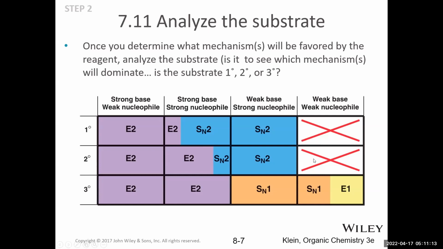Now in Klein, they give a nice big X over secondary substrates because they tend to be slow reactions and therefore cannot produce very high yields of product. Whereas sometimes it is possible if you heat, especially if it can also undergo rearrangement, it is possible to get the product. So this one is kind of also, I would say, a little bit in debate.